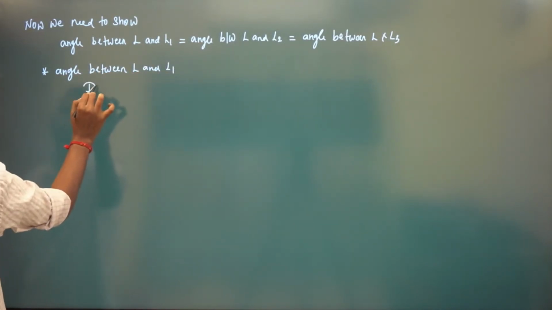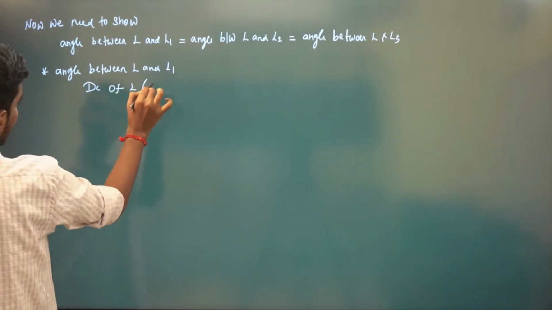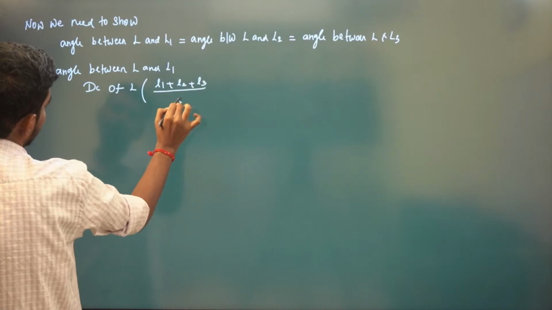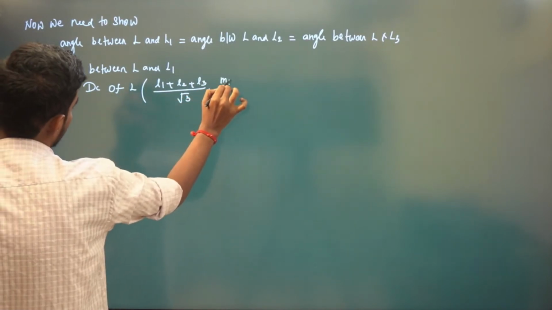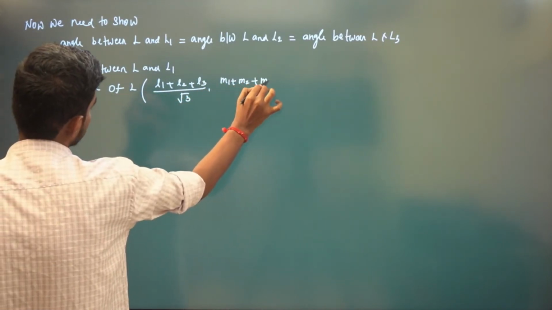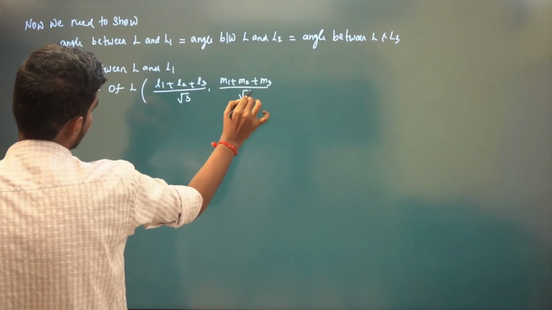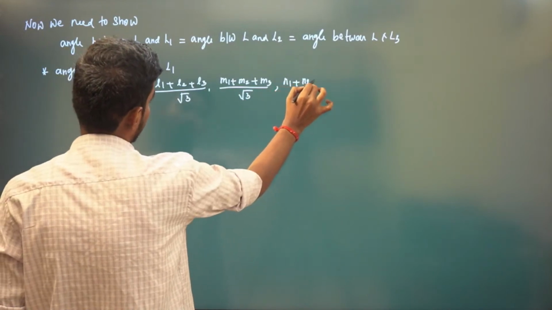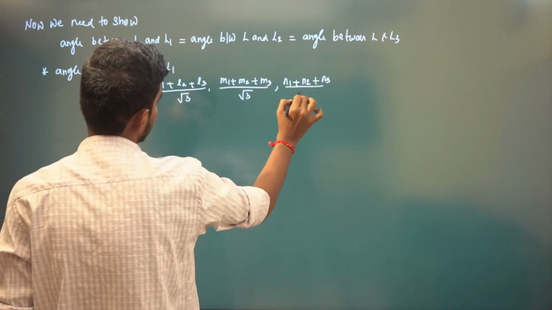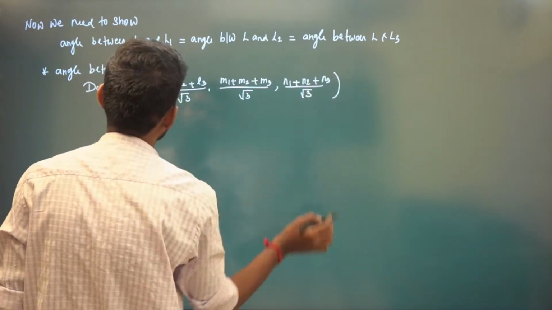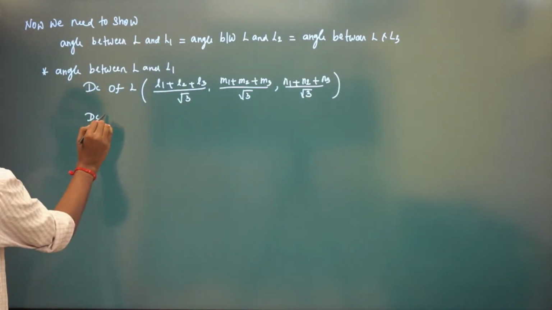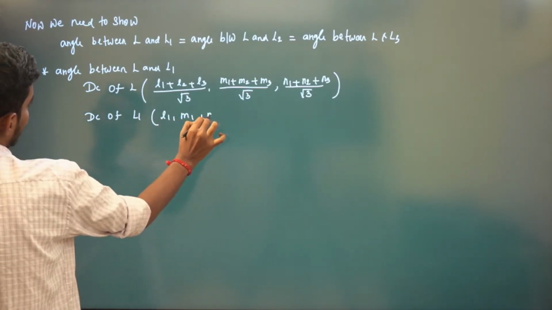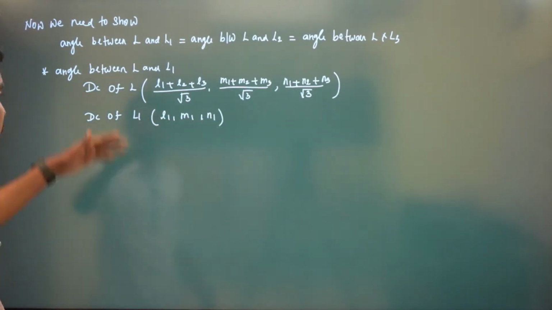What is the direction cosine of L? Just now we have found it. It is L1 plus L2 plus L3 divided by root 3, M1 plus M2 plus M3 divided by root 3, N1 plus N2 plus N3 divided by root 3. Now again, what is the direction cosine of L1? It is L1, M1, N1. Now find the angle between these two.